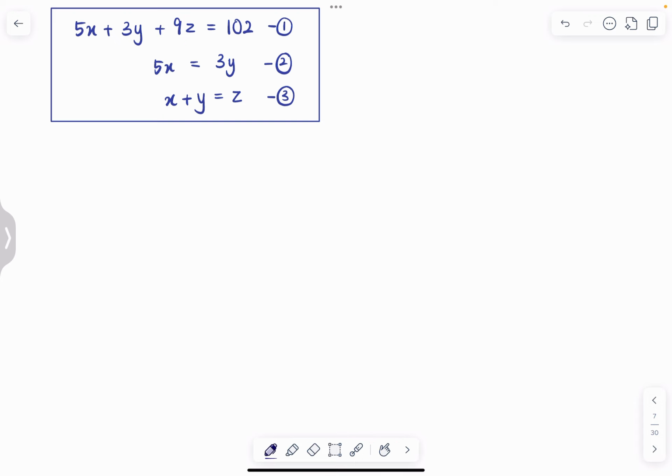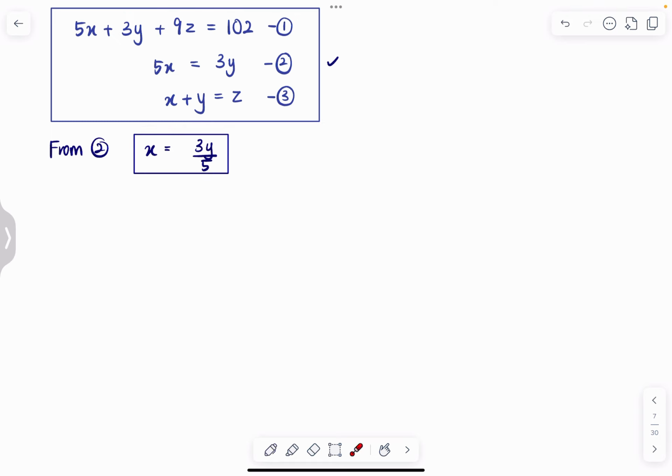Okay. So here we can start with equation 2 because equation 2 only got 2 unknowns, x and y. What we can do is we can say from equation 2 we try to make x the subject. So we'll get 3y divided by 5. Okay.